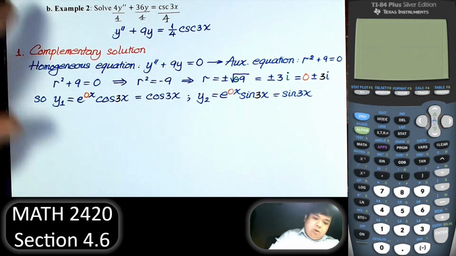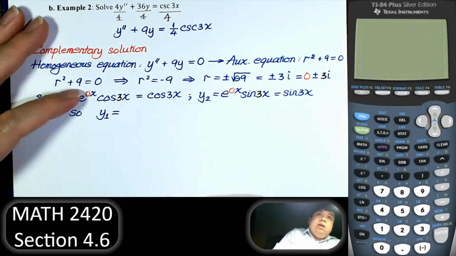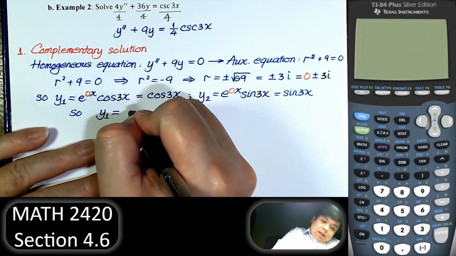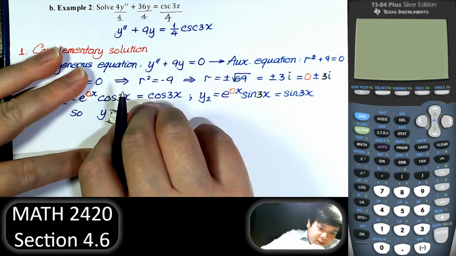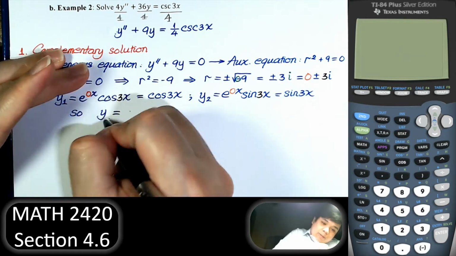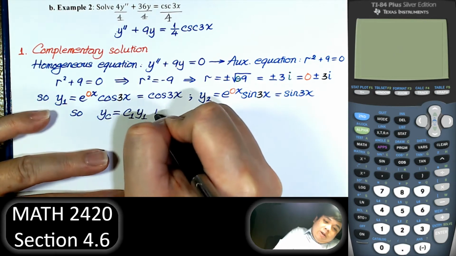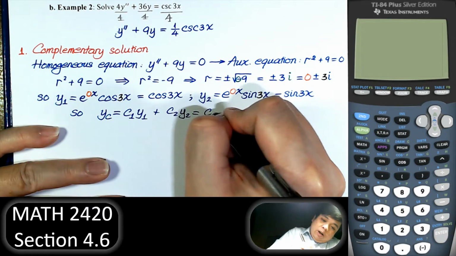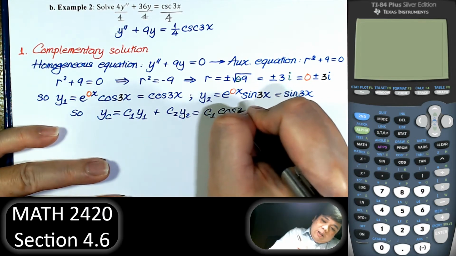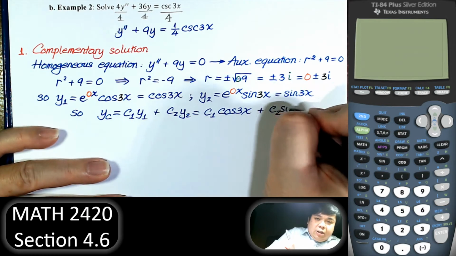So the complementary solution is c1 y1 plus c2 y2. So c1 cosine of 3x plus c2 sine of 3x.